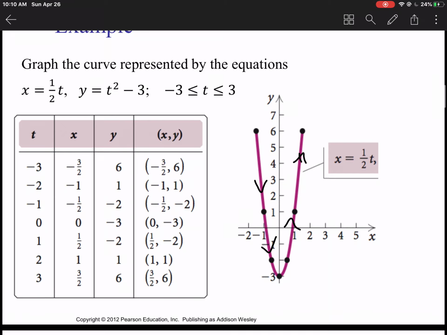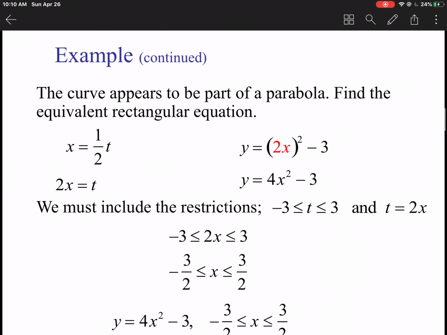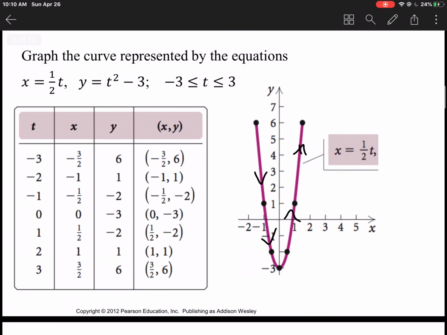Now the other part of this involves what we call eliminating the parameter. We're still graphing the same curve in the same coordinate plane, using the same ordered pairs x and y that you would use if you had this written as a two-variable equation, instead of bringing in this parameter t.